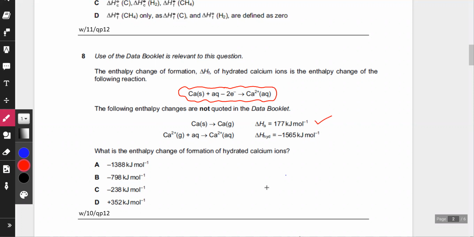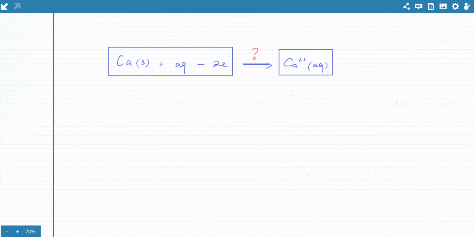One was the energy change if calcium solid changes into calcium gas. So last time we did, we know the energy change for changing calcium solid to calcium gas.